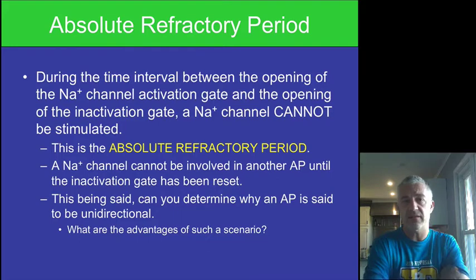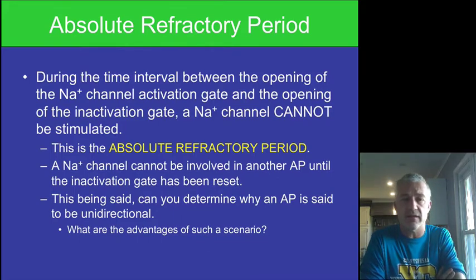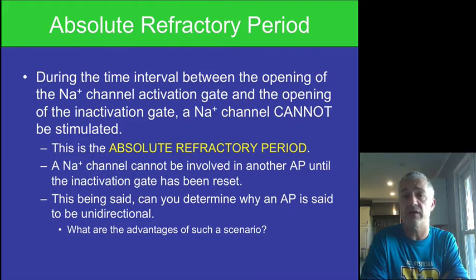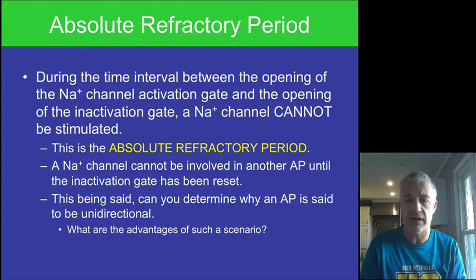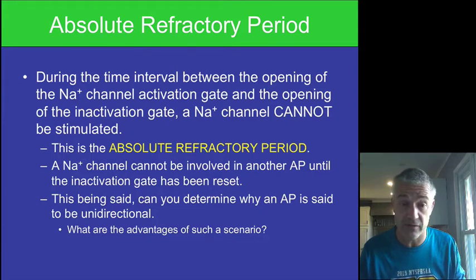What we can see is because we have a lot of these gates opening and closing, there is going to be a certain period of time during this whole depolarization, repolarization kind of effects here, where you can't stimulate this membrane again. We're going to call this period of time where you can't re-stimulate the membrane the absolute refractory period.